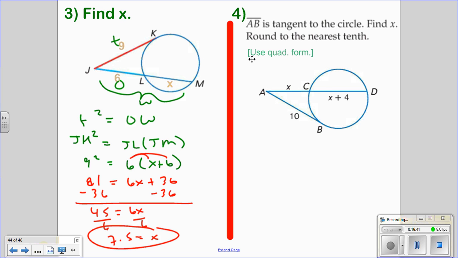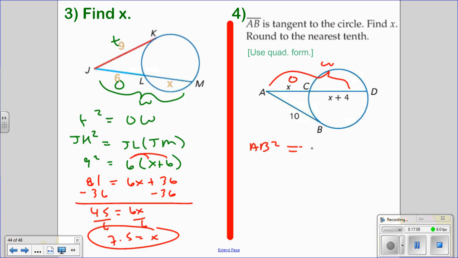And our last example, number 4, tells us that AB is tangent to the circle. Find x and round to the nearest tenth. The hint says we'd have to use the quadratic formula. So this is another example of tangent squared. So AB squared is equal to outside times the whole thing.